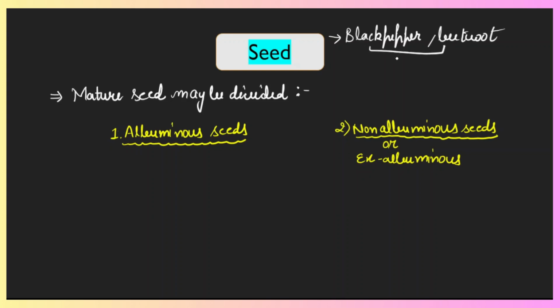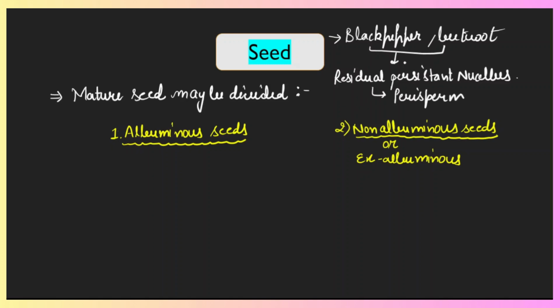In these kinds of seeds, the remnants of the nucellus are also persistent, meaning the residual persistent nucellus is present, which forms the perisperm.